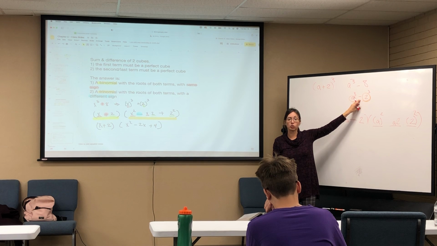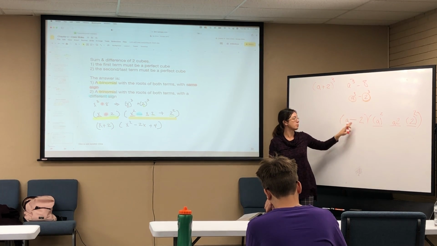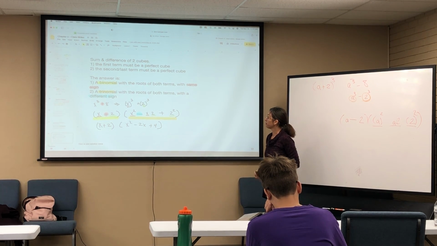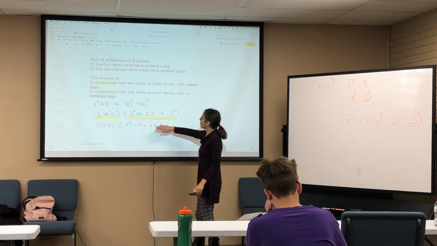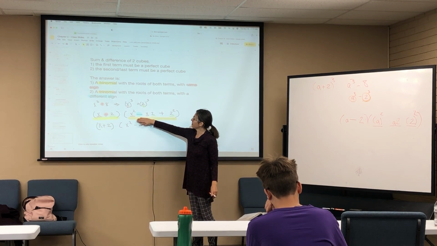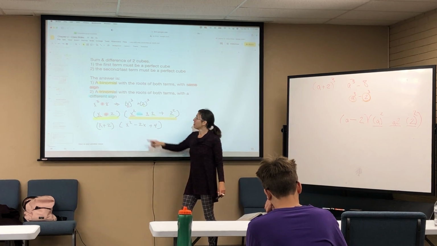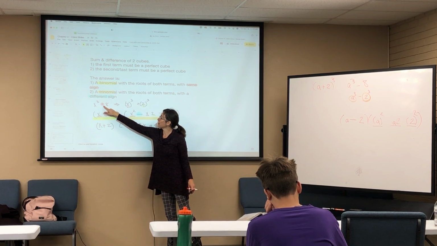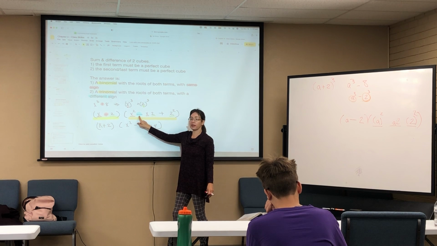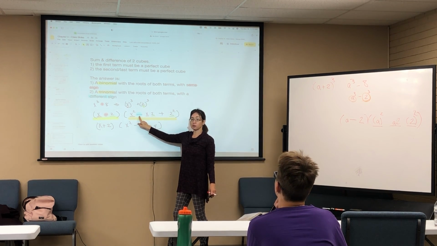So your initial addition or subtraction of cubes must match your binomial sign. Okay? The trinomial sign must always be the opposite. So if I start with addition, my first sign will be subtraction.